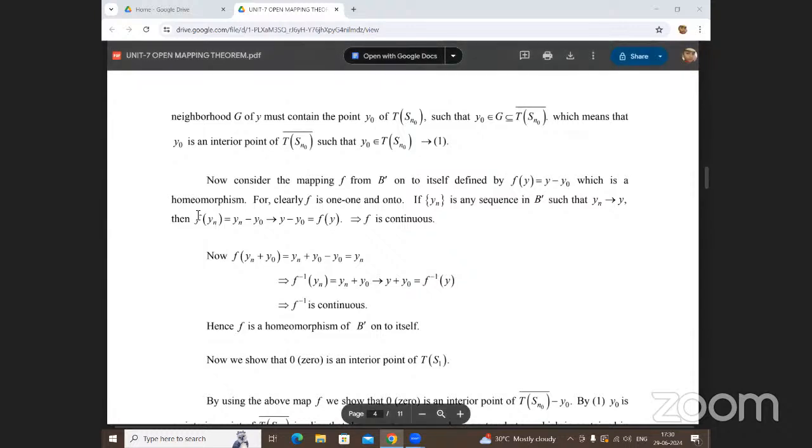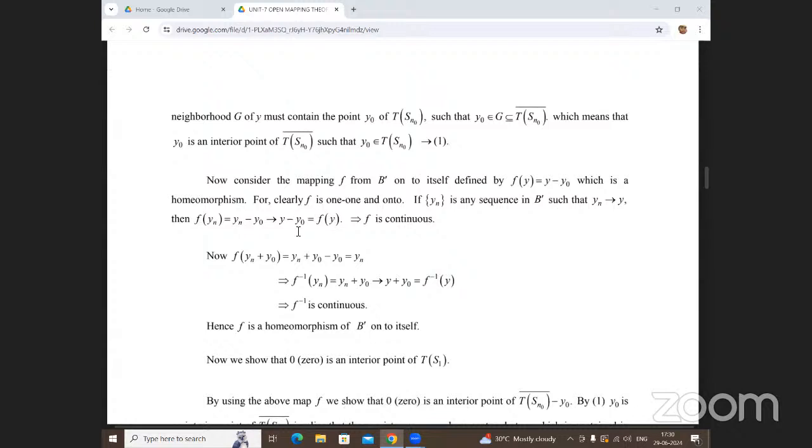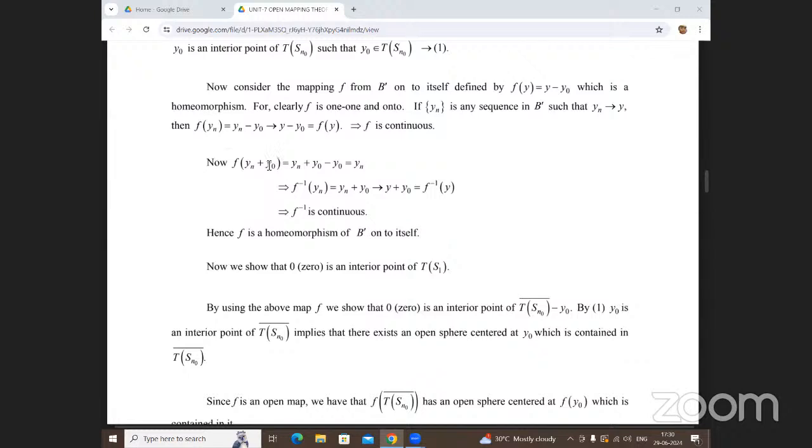Finally, the given function is continuous, because this represents the definition: the absolute value of F(Yn) minus F(Y) is less than epsilon. That is the condition for the given function to be continuous.